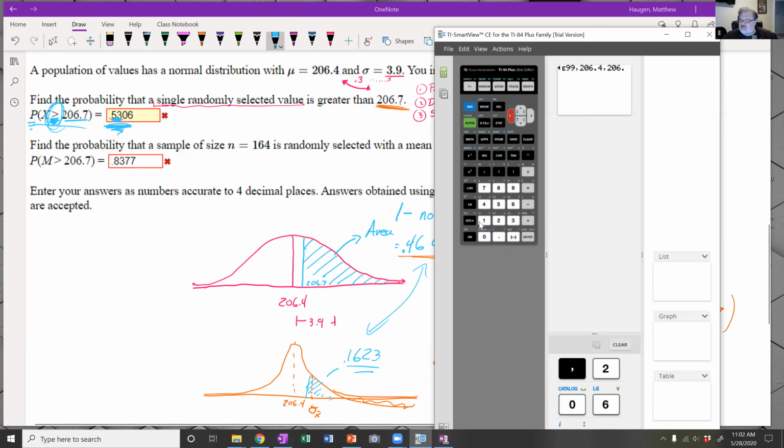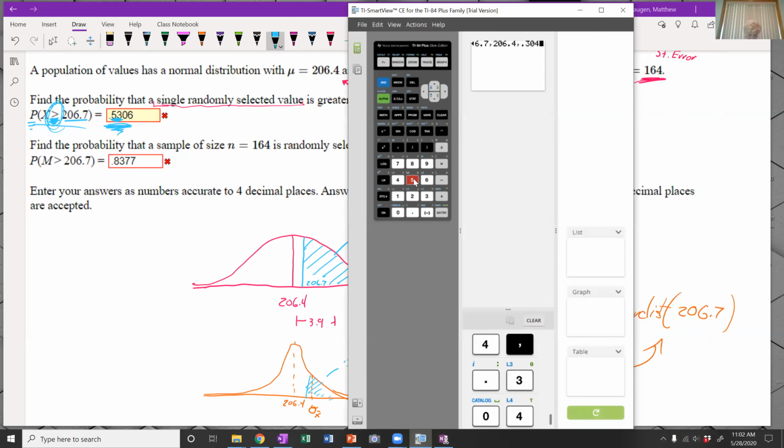These numbers are too close together. Where our average was 206.4, comma, and if we're doing standard error, then the standard error was, what was it, 0.30, I forgot, 45? Yeah. 45, end parenthesis.